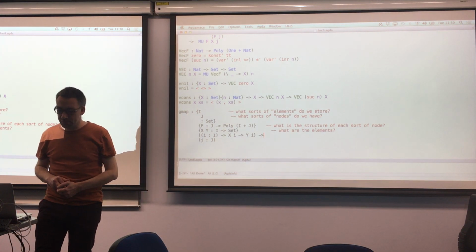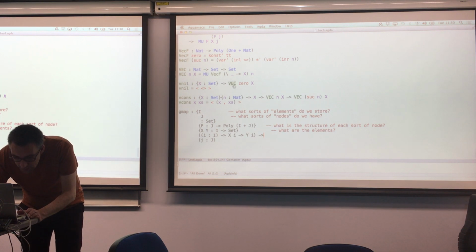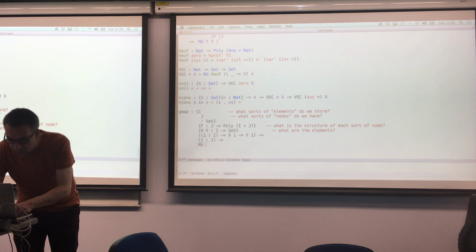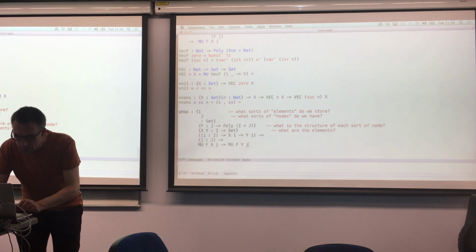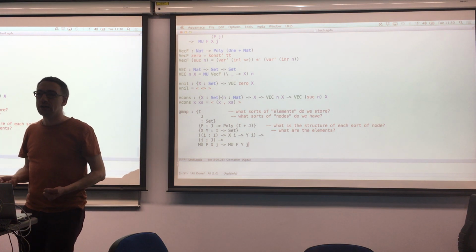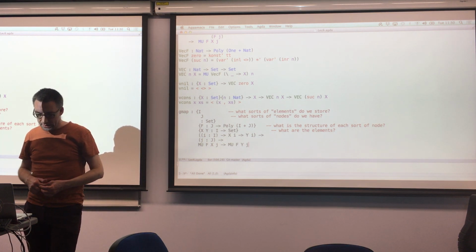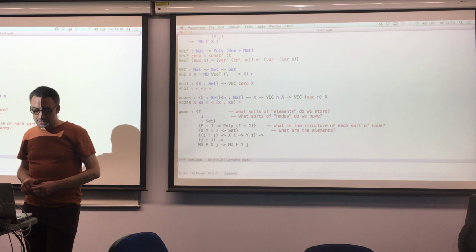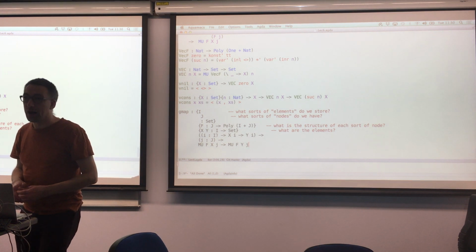Then we ought to be able to, for any data structure given by a polynomial, traverse the whole structure and turn the x's into y's.